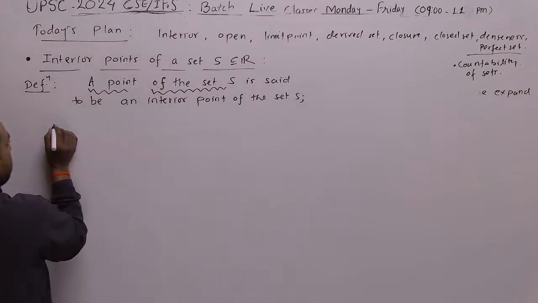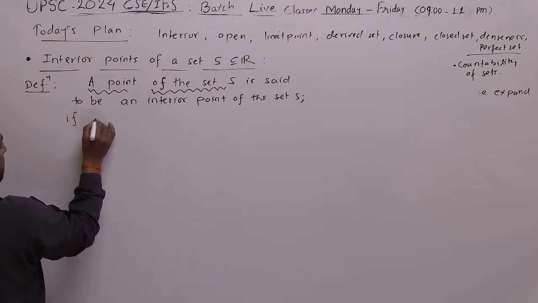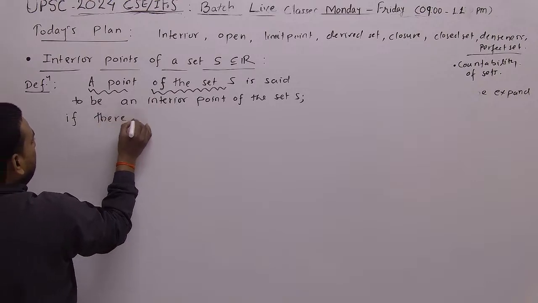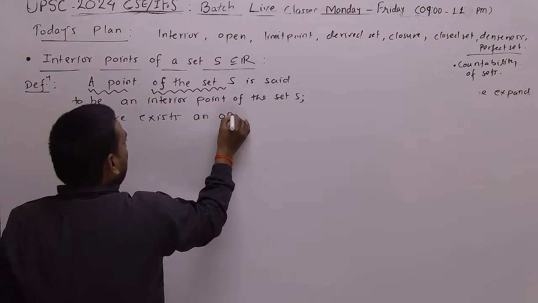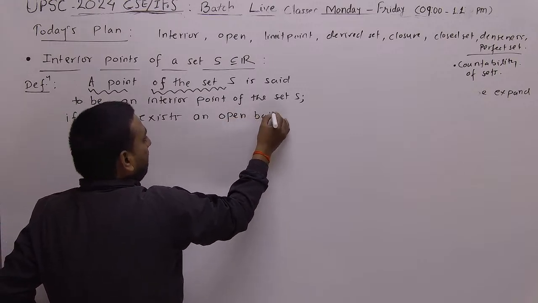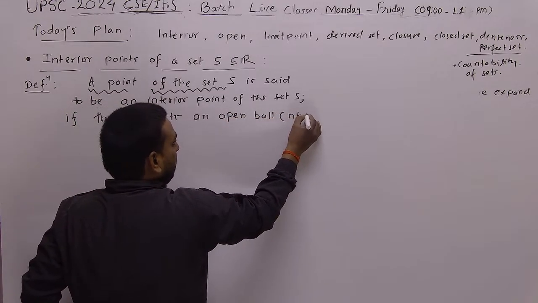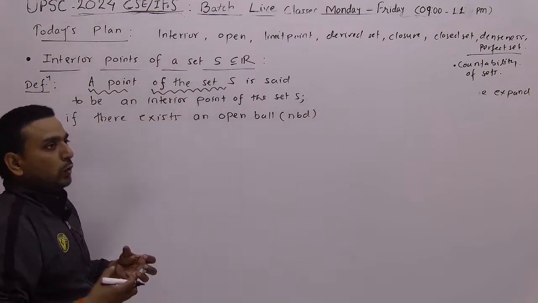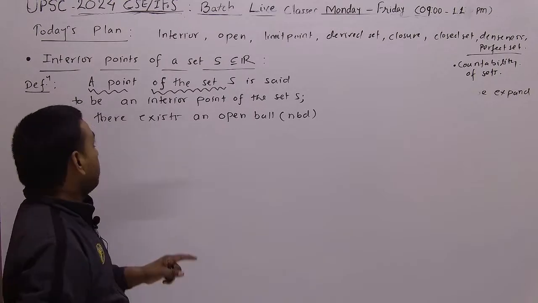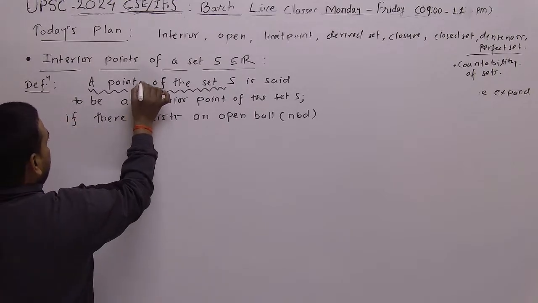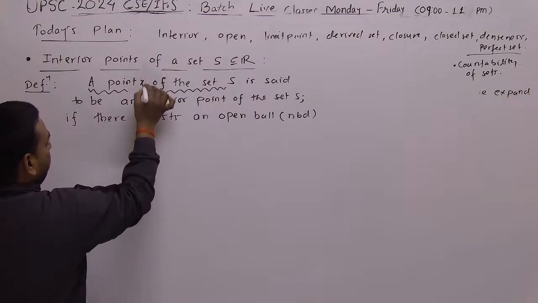ध्यान से देखिएगा, if there exists an open ball. So if you are not comfortable, you can talk about open neighborhood. Okay, क्या बोला? A point, मान लो इसको मैं नाम दे देता हूं x naught.